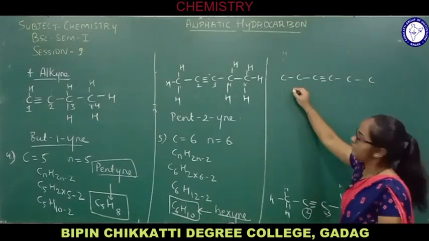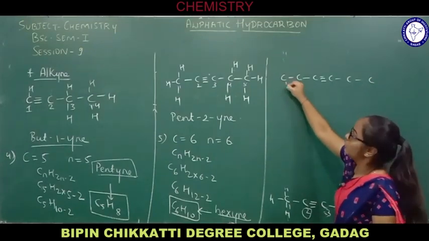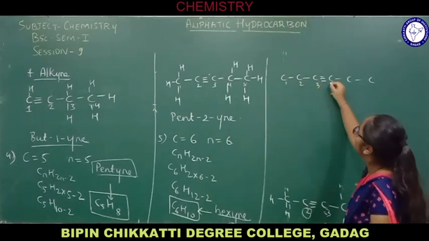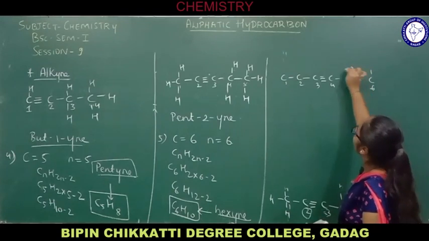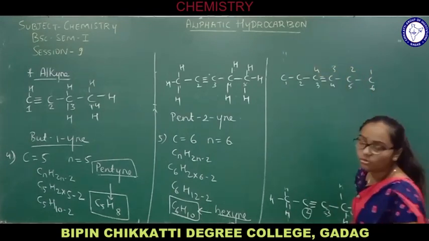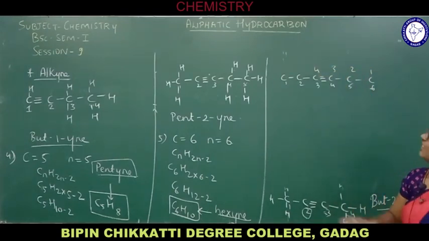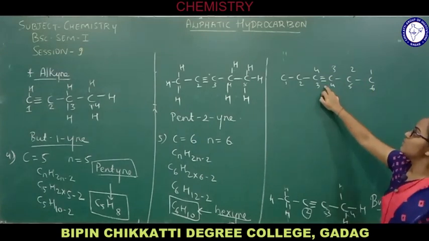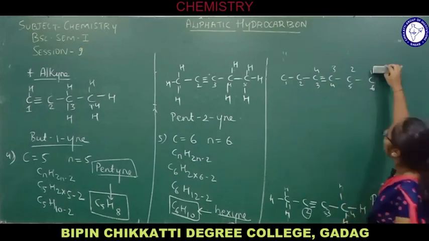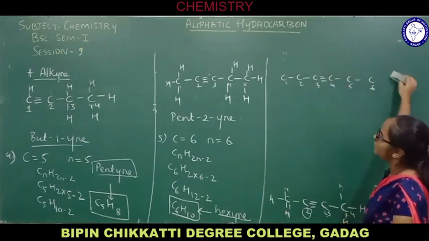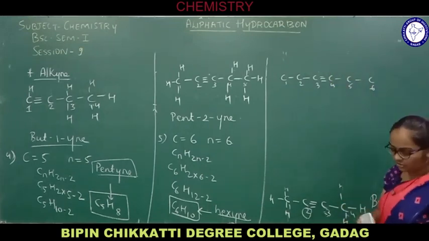Let's number first; we should take the lowest numbering, 1, 2, 3, 4, 5, 6. Either way round, the triple bond is present between carbon number 3 and 4. Here also 3 and 4, right? So if you take the forward direction numbering or the reverse direction, both are okay.